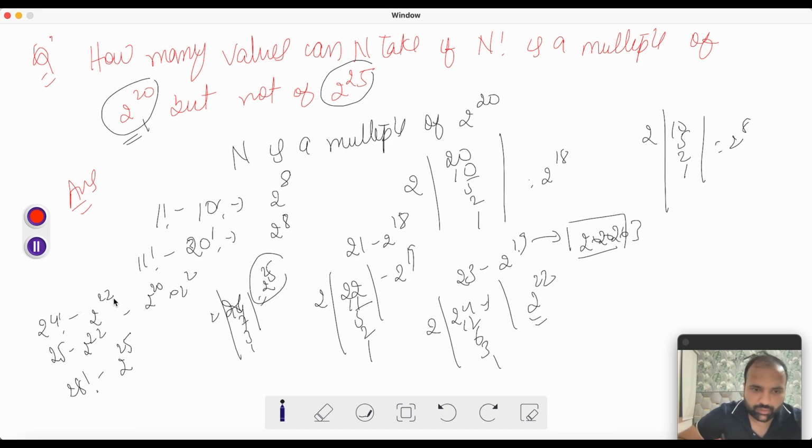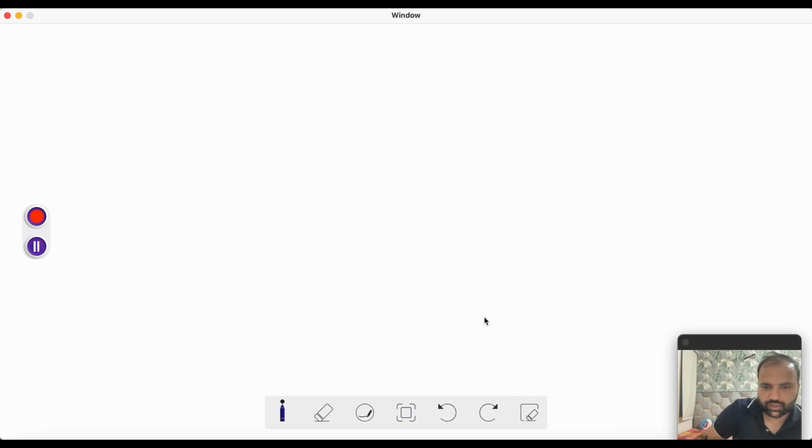So all those numbers after 24 factorial would be multiples. We have 24 factorial, 12, 6, 3, 1, so 2 to the power 22.